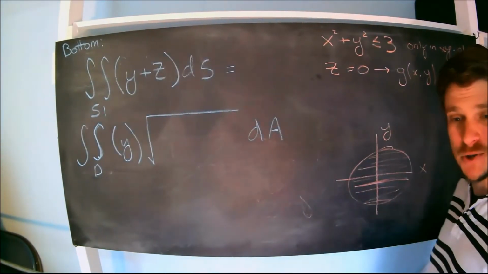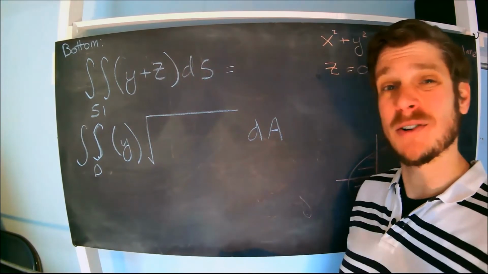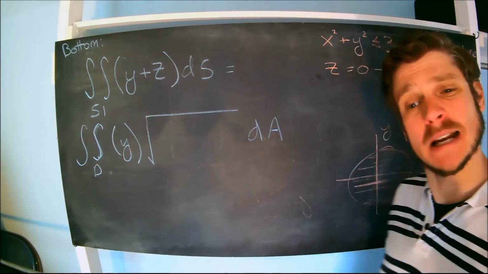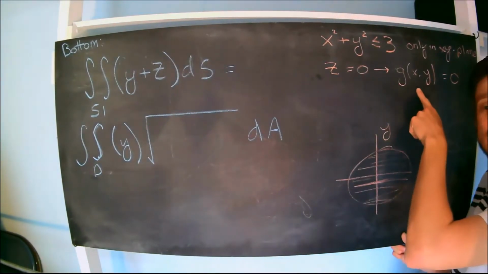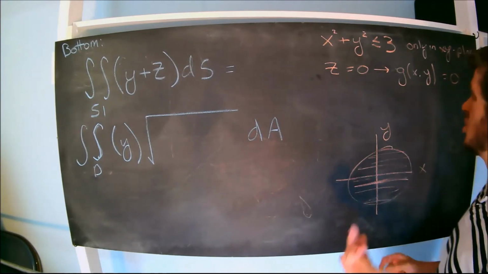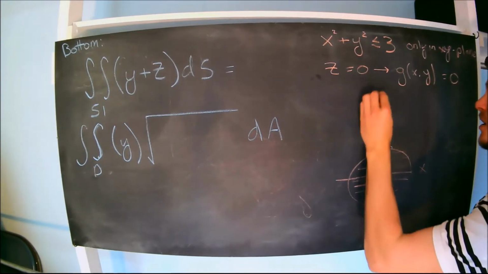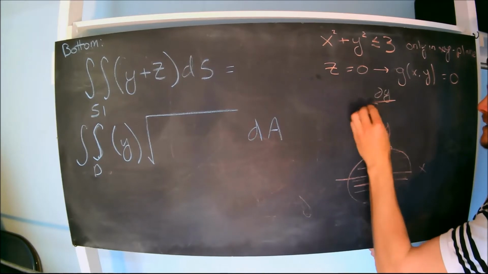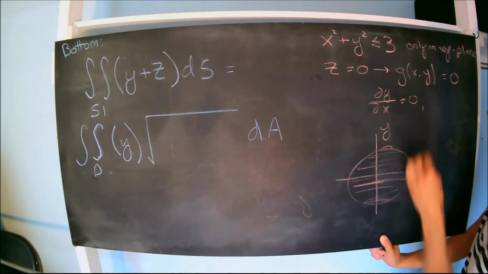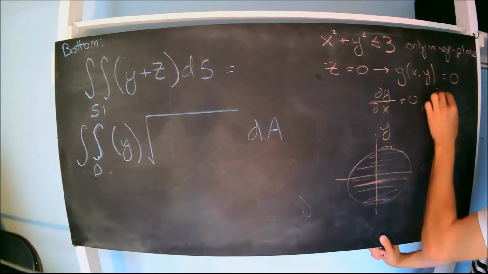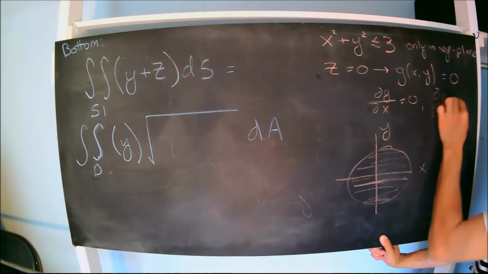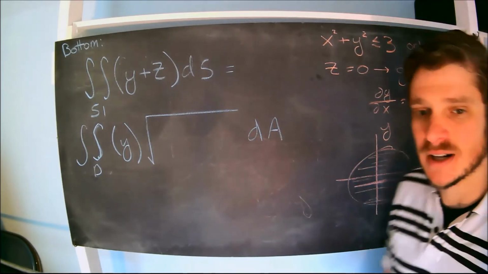So now I need to find my partials, but these are quite literally going to be the easiest partials you ever calculate in your life, because my function g is 0. Partial g with respect to x is 0, and partial g with respect to y is also 0.